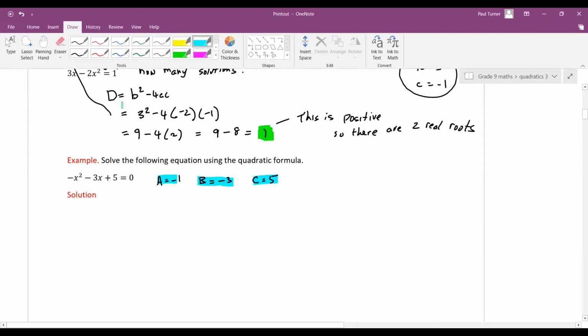And then the next step, we should write down the quadratic formula. So x equals minus b plus or minus the square root of b squared minus 4ac, all on 2a. You can use capital B or small b, it doesn't matter.